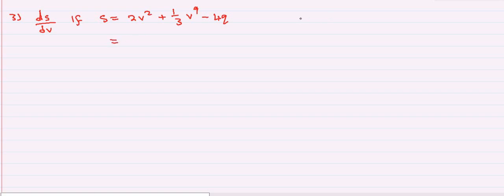For 2v squared, the derivative becomes the exponent multiplied by 2, which is 4v, minus 1 on the exponent, so it becomes 4v.